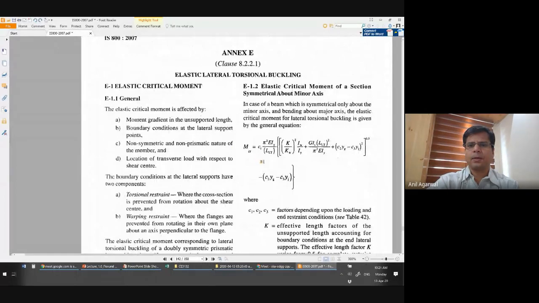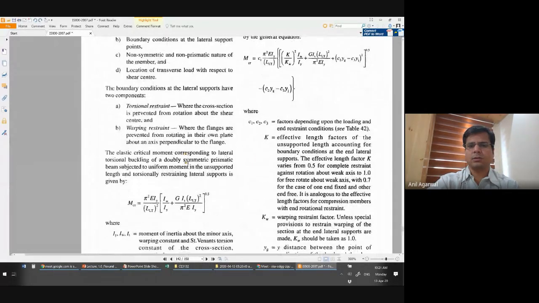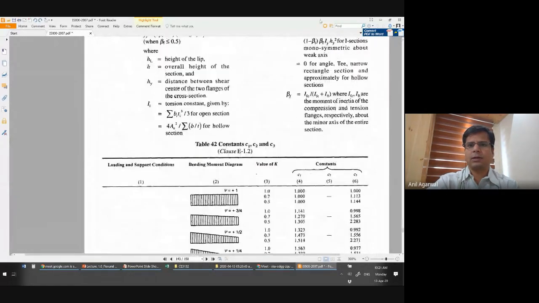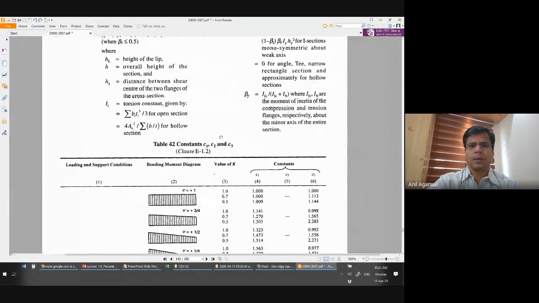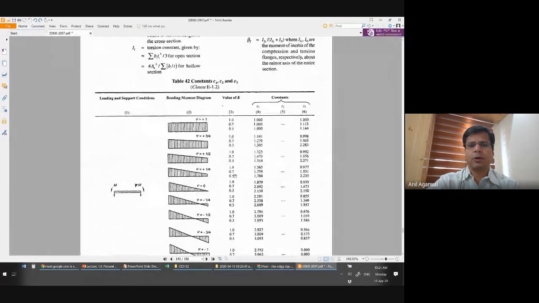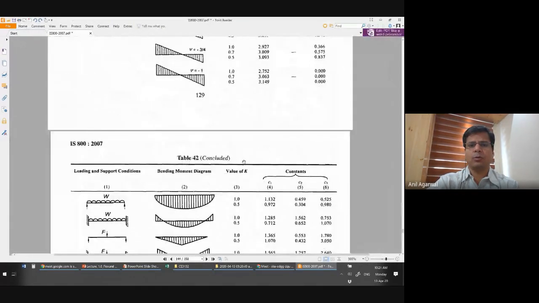If we go to annexure E, here the code allows us to calculate the moment capacity for a varying type of bending moment, right?